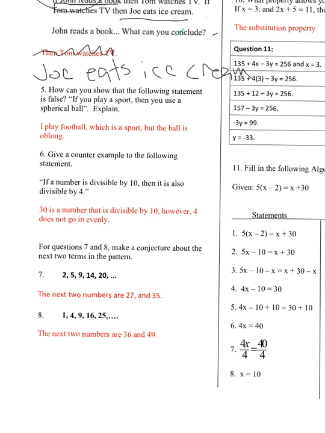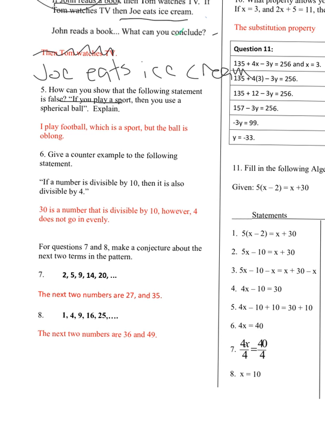5, how can you show that the following statement is false? If you play a sport, then you use a spherical ball. Explain. So again, we talked about this. You want to actually be playing a sport, but you want one without a spherical ball. And be specific. I play football, but the ball is oblong or egg-shaped.